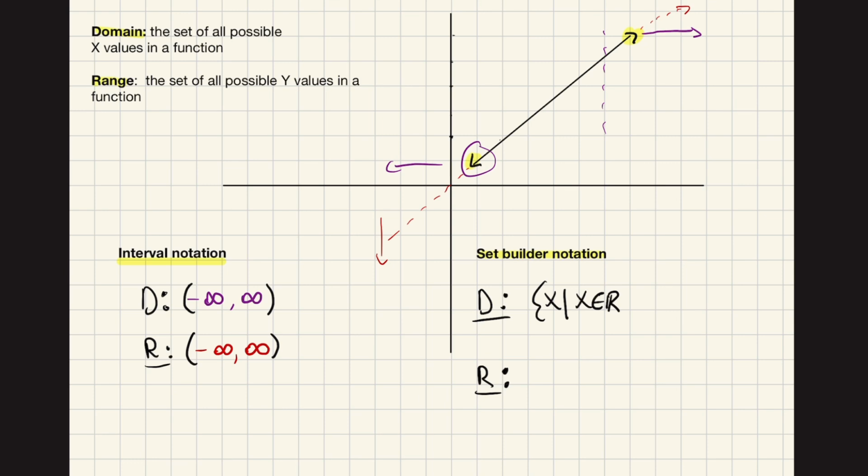And the same thing for the range. For all y values such that y is all real numbers, if it is infinite in both directions, you also just leave it as all real numbers. And so by stating that x is all real numbers or y is all real numbers, we are indicating that it is infinite in both directions.